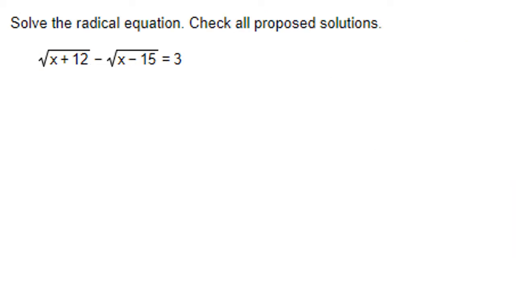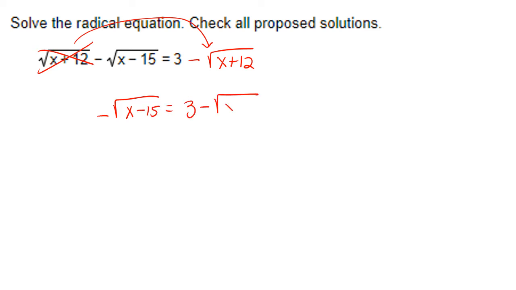Now here is another example that's a bit more involved because you have two radicals. When you have two radicals, move one radical to the other side. So I'm simply going to move over the square root of x plus 12. That will leave me the square root of x minus 15 and 3 minus square root of x plus 12.